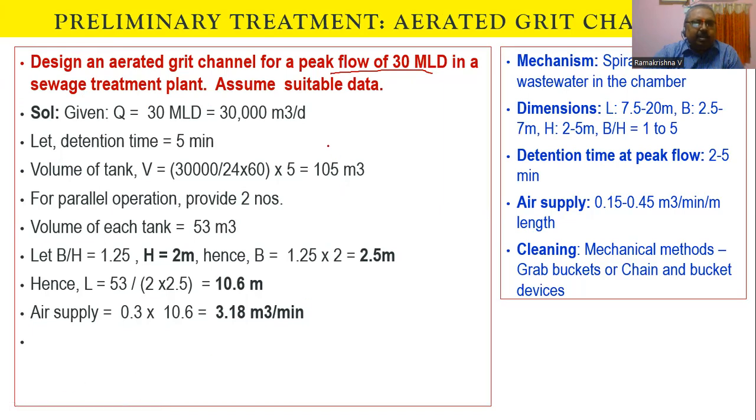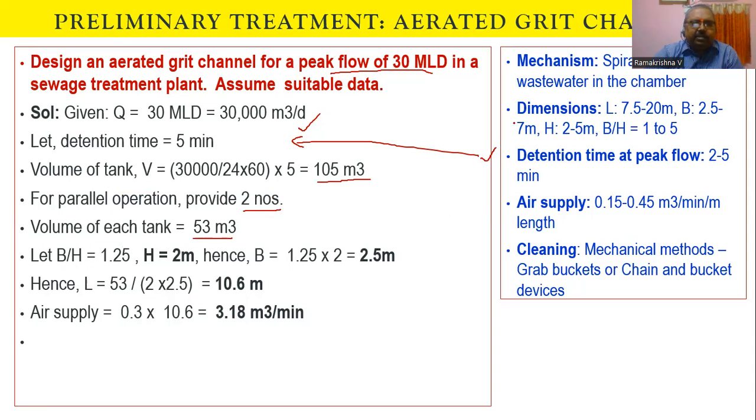And detention time is 2 to 5 minutes at the peak flow. So I'm assuming 5 minutes and calculating V is equal to Q multiplied by T, which comes out to be 105. So for parallel operation, let us keep two tanks. The volume of each tank is 105 divided by 2, which is equal to 53 meter cube.